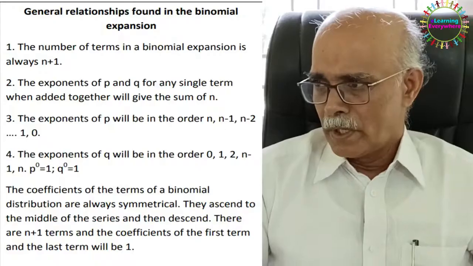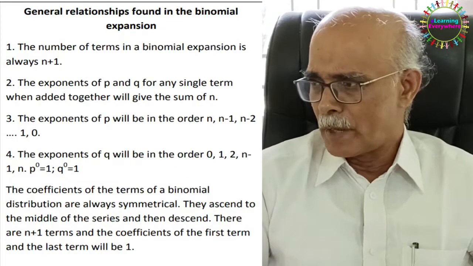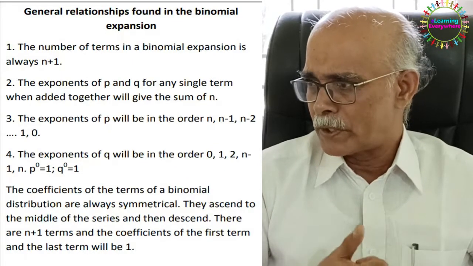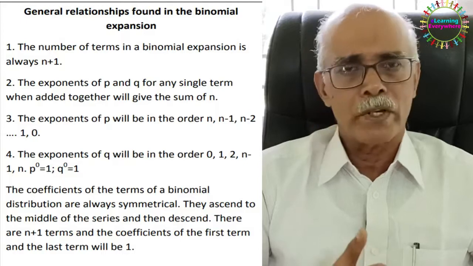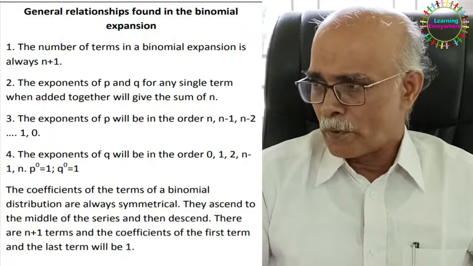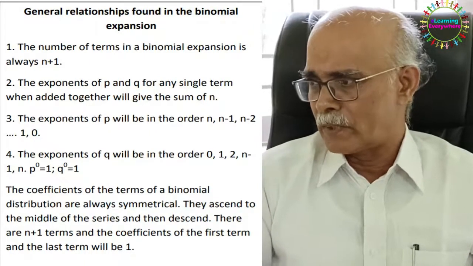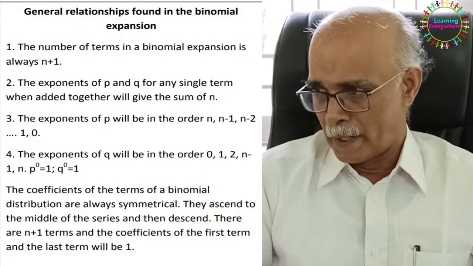Now we can see certain general relationships found in the binomial expansion. In a binomial expansion, as we have already seen, the number of terms is always n plus 1. The exponents of P and Q for any single term, when added together, give the sum n.